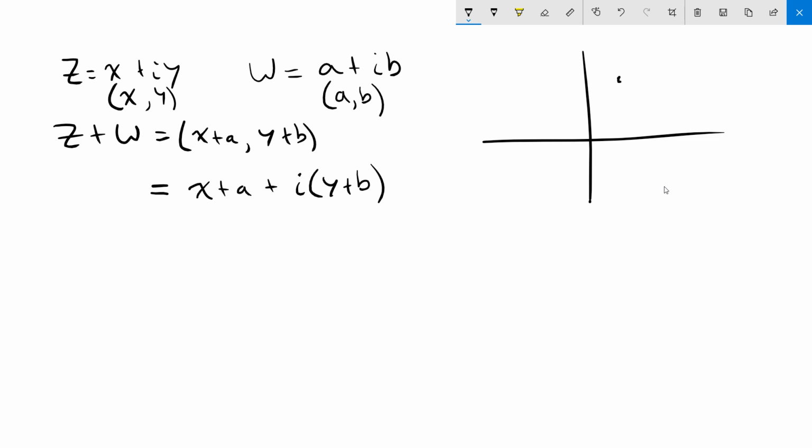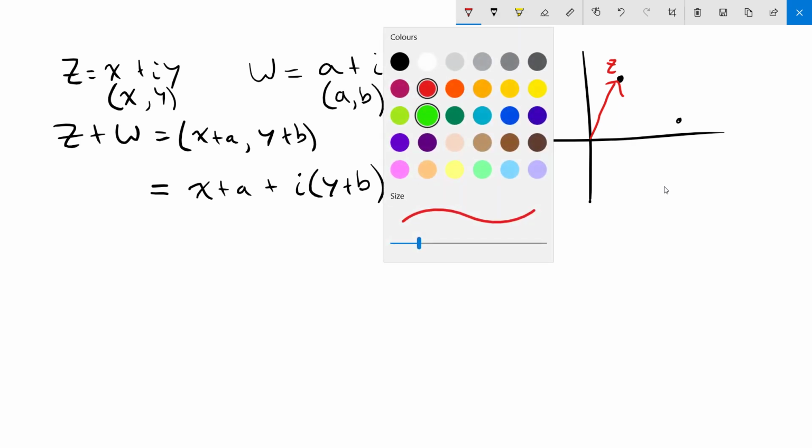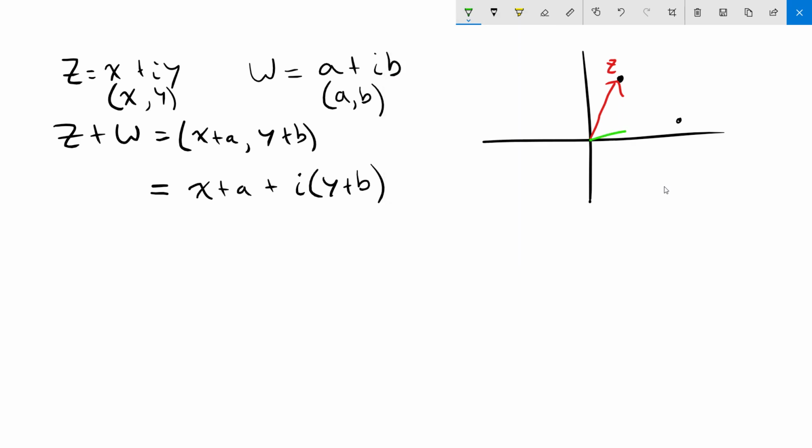So visually what this would look like, if we're in the complex plane, and say we have a point, this is z, and w will be green. Why not? w is this.